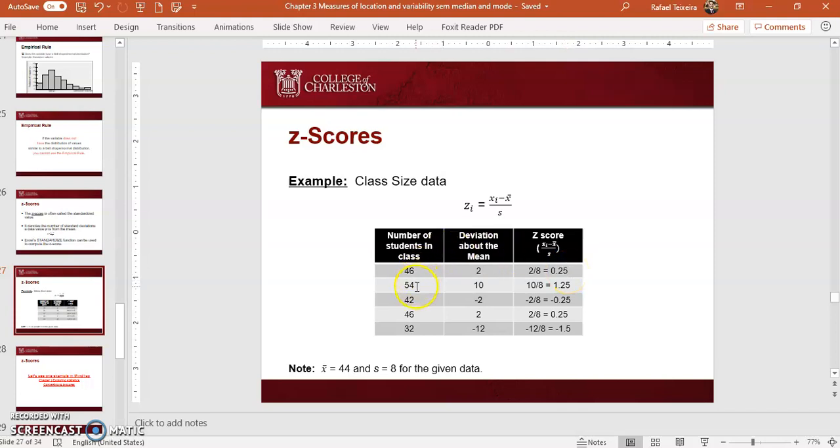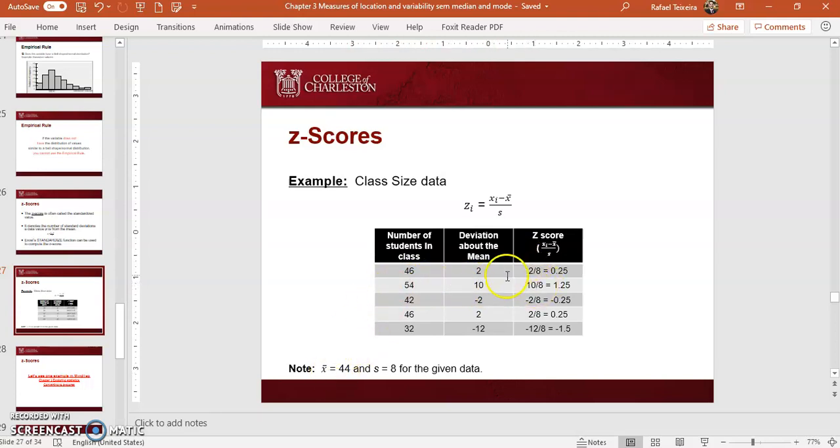This second class has 54 students, the mean is 44, so it's 10 more students. This is how many more students this class has in terms of absolute deviation from the mean. But in terms of standardized scores, in terms of standard deviation, how far is this class from the mean?